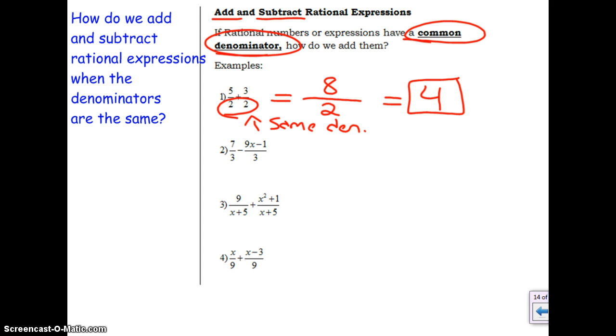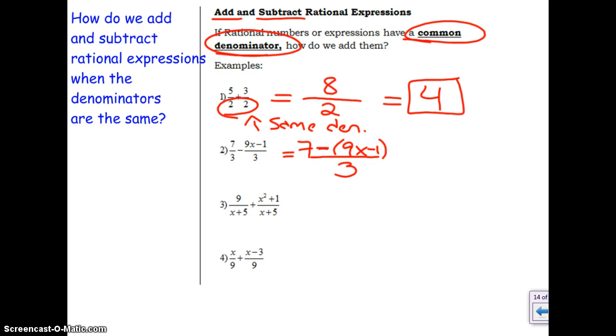to 4. Same thing with number 2. I have the same denominator, so I can keep my 3 as the denominator, and my numerator is 7 minus, and then it's 9x minus 1. Well, the reason why I had to put parentheses was because that minus sign has to distribute to everything behind the minus sign.